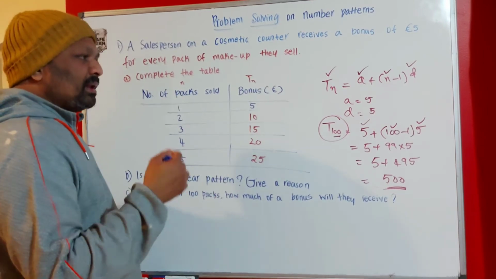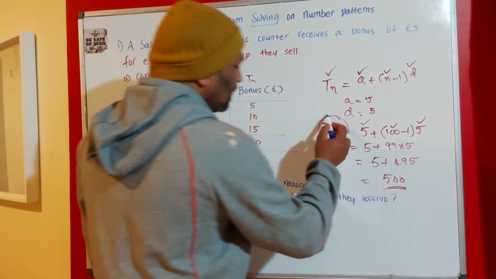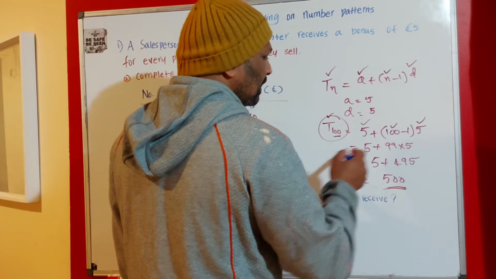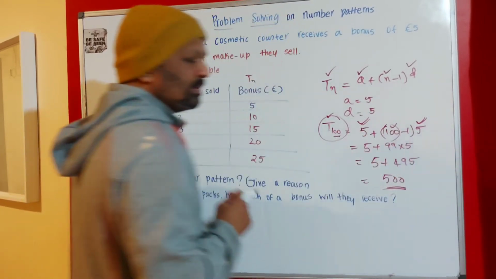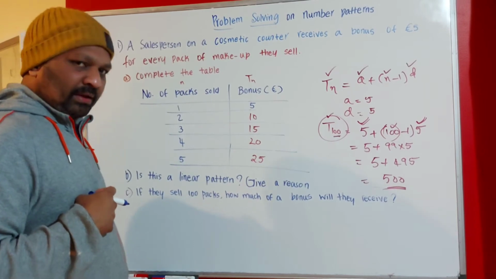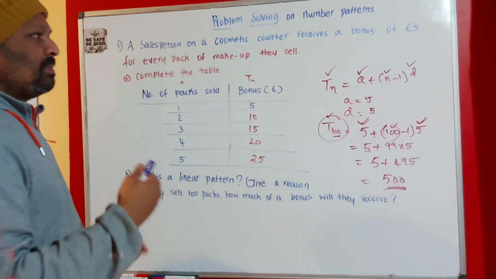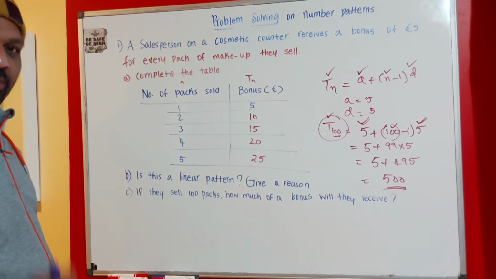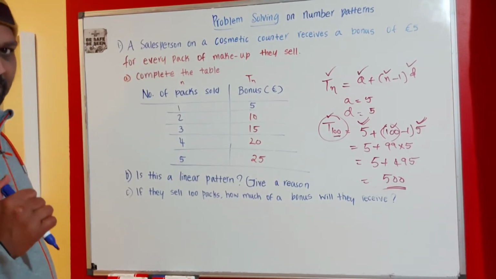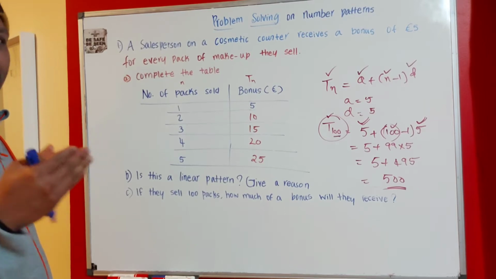Or else, in some problems, he may give T100, he may give A, he may give D, and ask you to find n. For example, how many packets does this salesperson need to sell to make a 695 euro bonus?